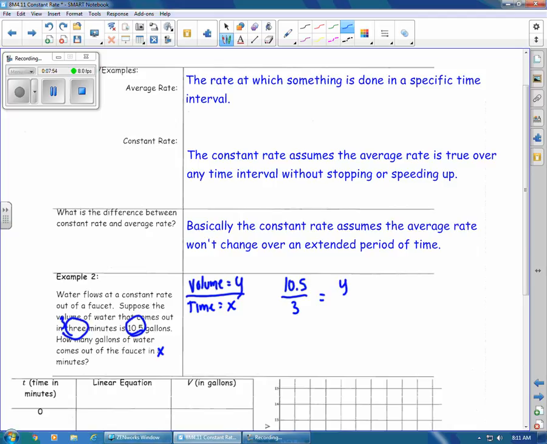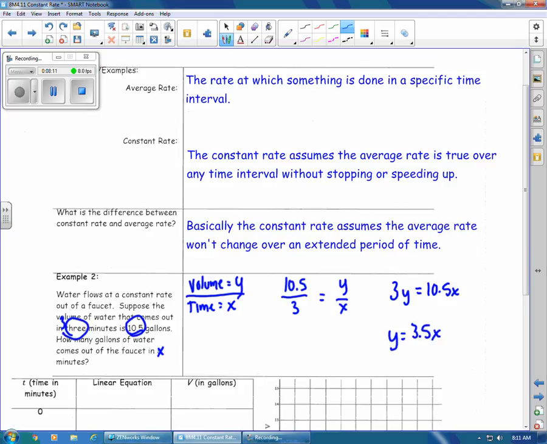So our Y is going to be over our X, and we are going to cross multiply. So 3Y equals 10.5X. Divide both sides by 3, and we get Y equals 3.5X.